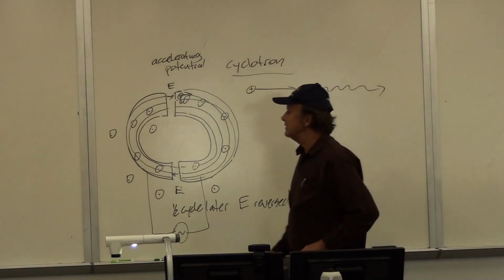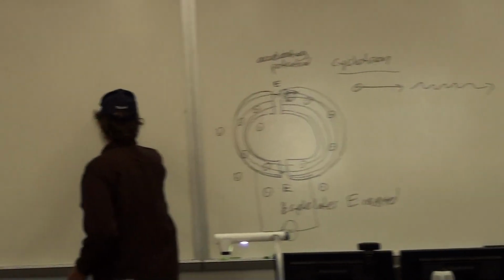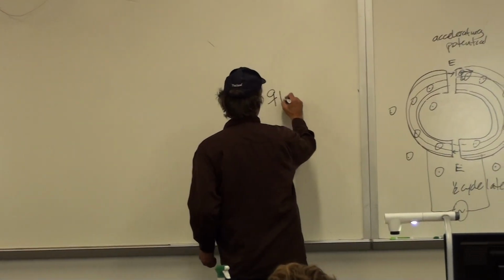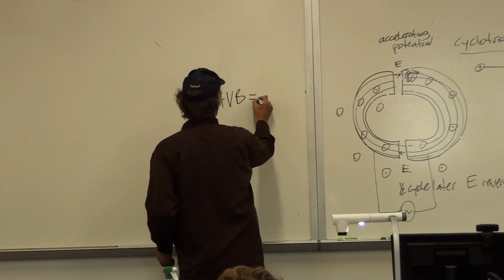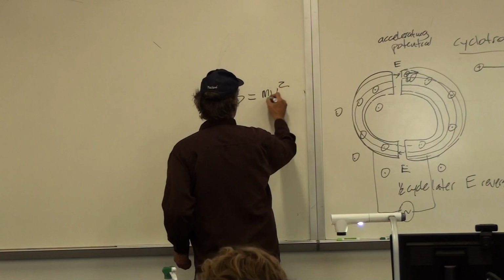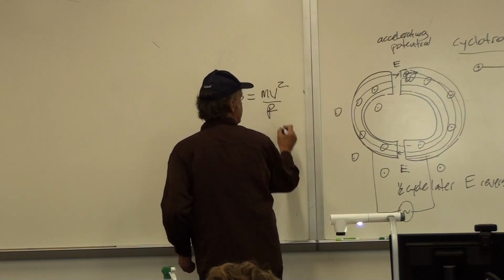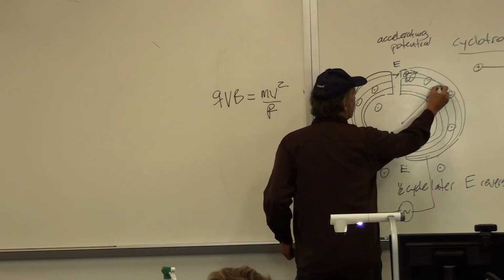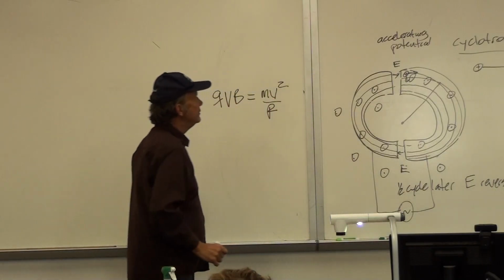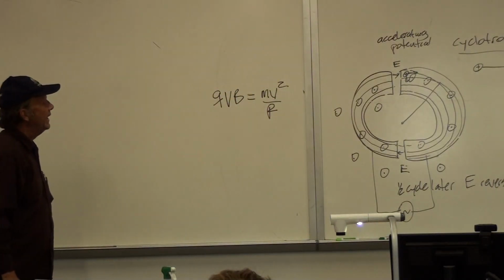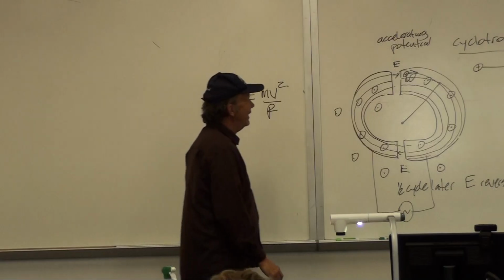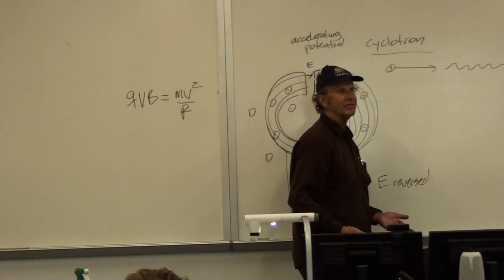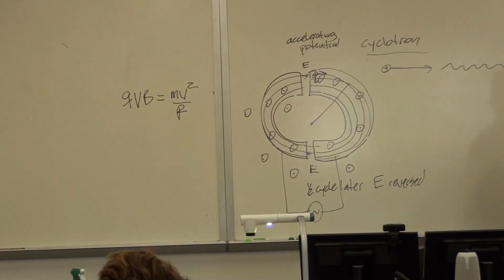And so the basic design then is to write this as QVB equals mv squared over r. And r is some variable radius, because the radius is going to be changing. And so you might be saying, well, then how do you know when to switch the electric field if the radius is changing?